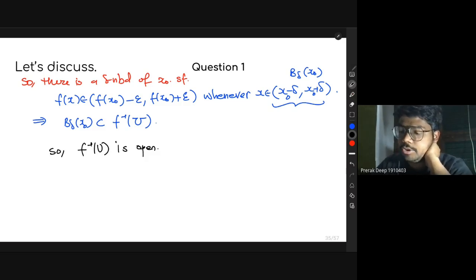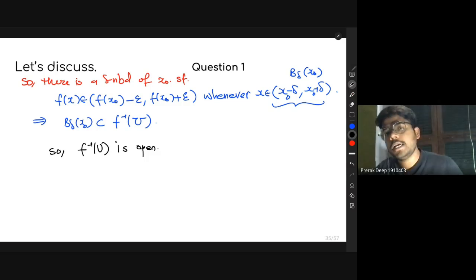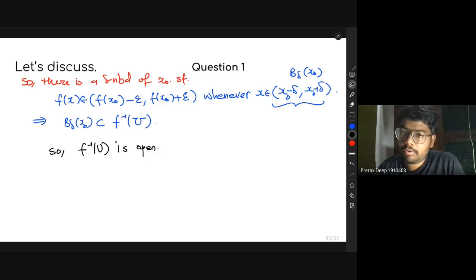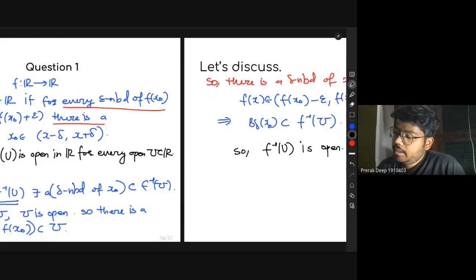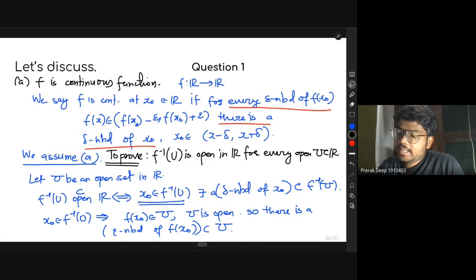And how do I find the delta? I use the continuity of f to find the delta, and the assumption that the set u I'm starting with is open. So this proves that f inverse of u is open for every open set u in R.